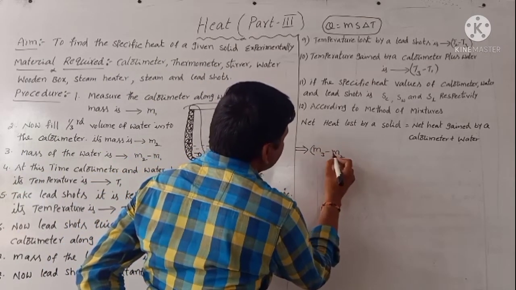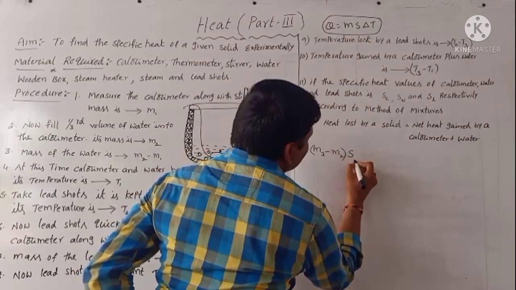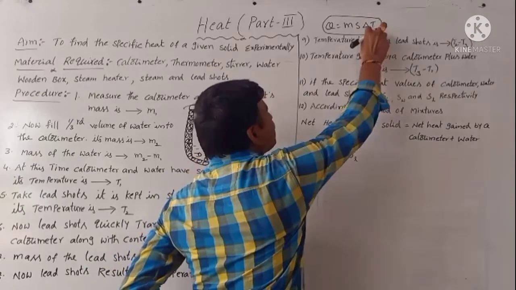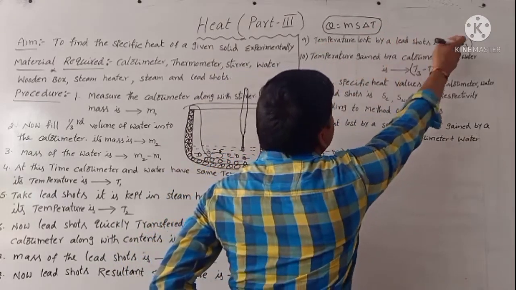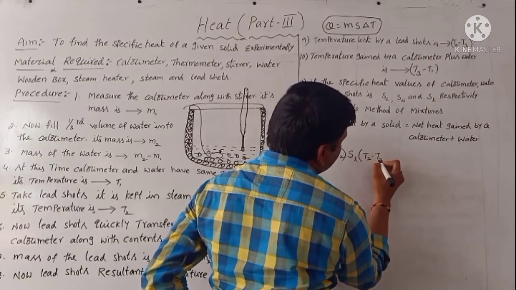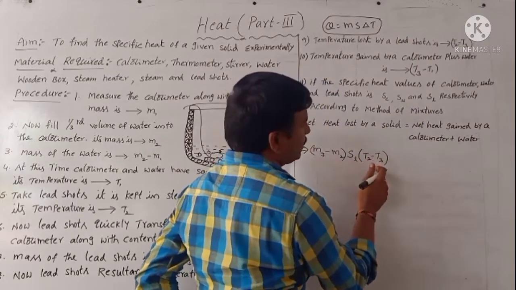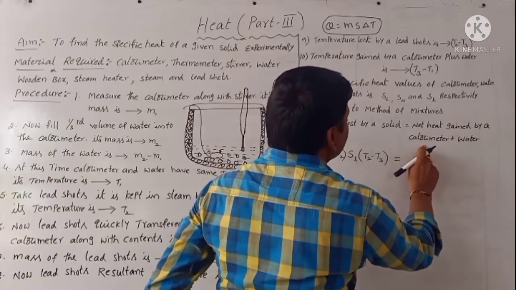The specific heat of lead shots is SL. And the temperature lost by the lead shots is T2 minus T3. This is equal to the net heat gained by the calorimeter.